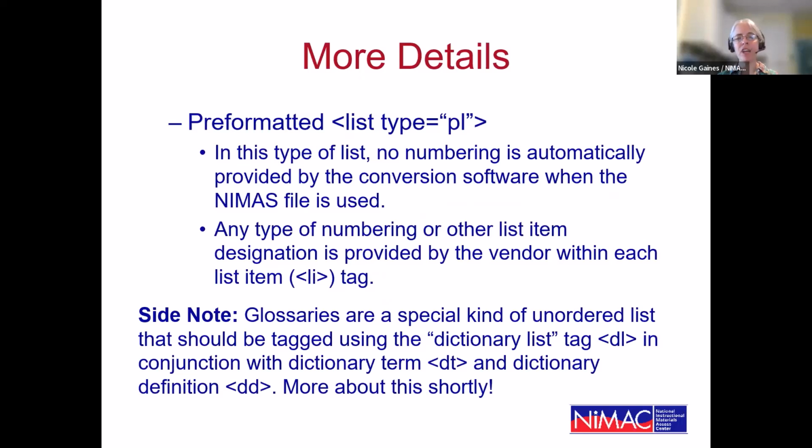In this type of list, there is no numbering or bullets automatically provided, and any kind of list item designation is just provided within the tags. As a side note, as Liz kind of alluded to when she was talking about the baseline element set, there are specific tags used for glossaries, and we will talk about that a little further on.